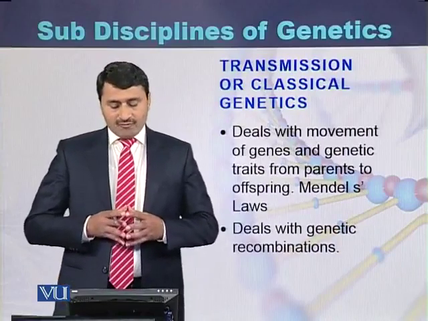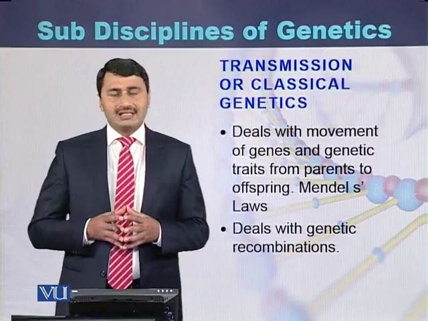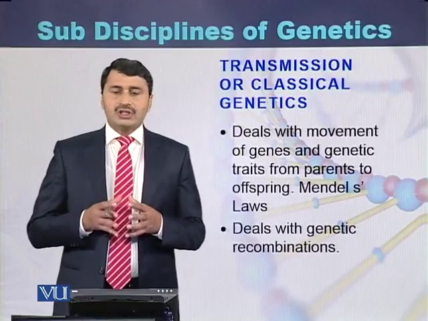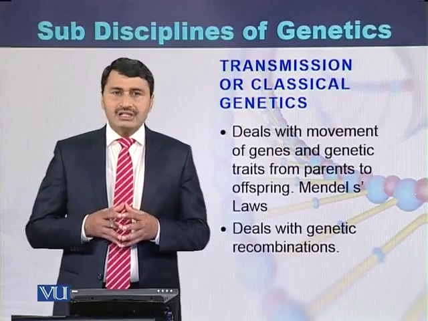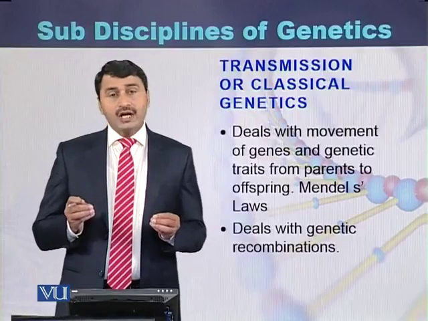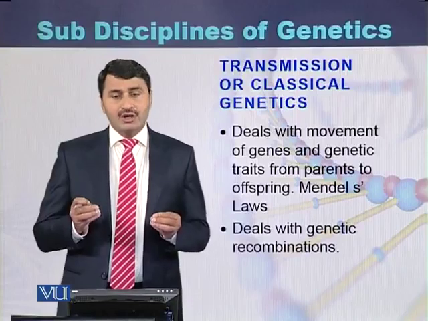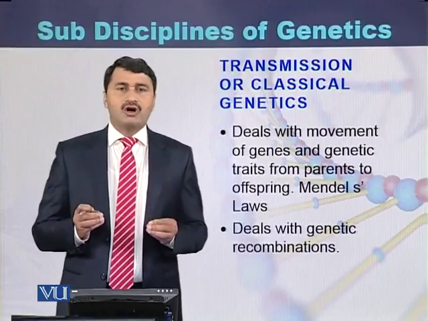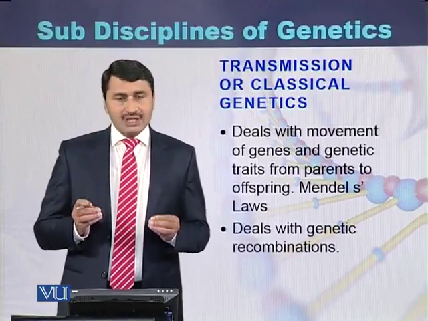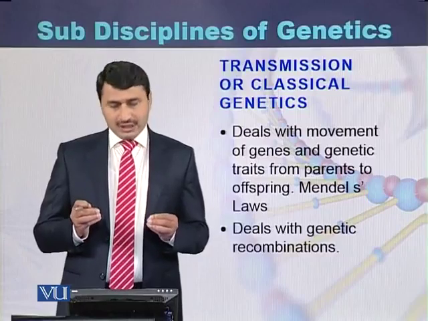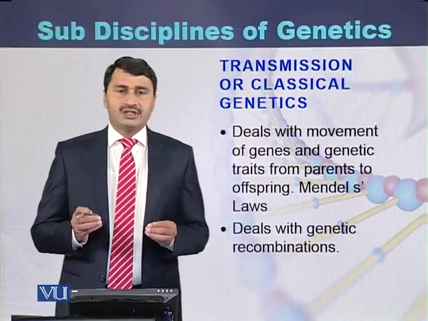What is transmission or classical genetics? Transmission or classical genetics deals with the movement of genes, chromosomes, or traits from parents into the offspring. This type of genetics also deals with genetic recombinations.